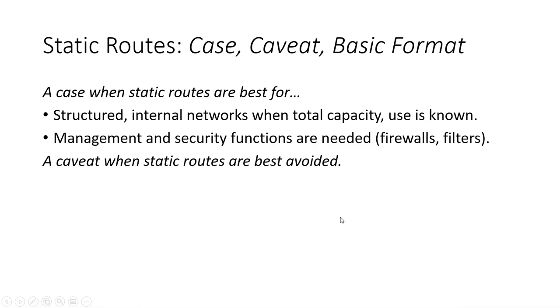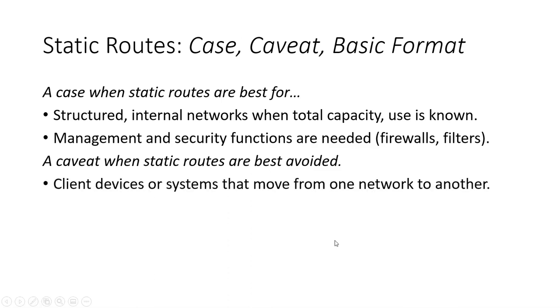When do you want to avoid the use of static routes? We mentioned that almost any device or system can use a static route, but that's not the best use. In fact, it can create all sorts of issues. That's primarily because client devices or systems have a nasty habit of moving from one network to another.